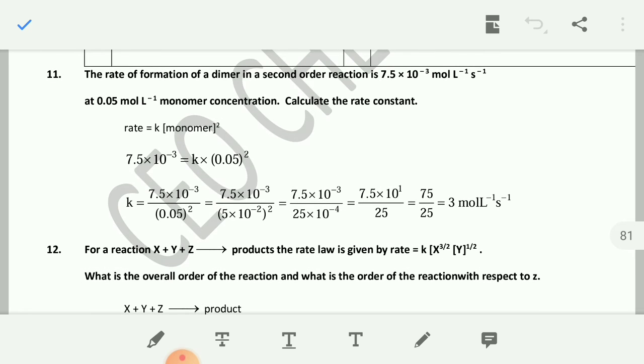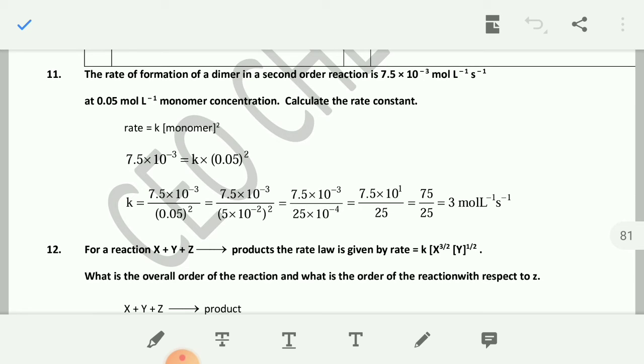See, second order means the monomer has power of 2. So 7.5 into 10^-3 equals k into (0.05)^2. Okay, so k = 7.5 into 10^-3 divided by (0.05)^2.